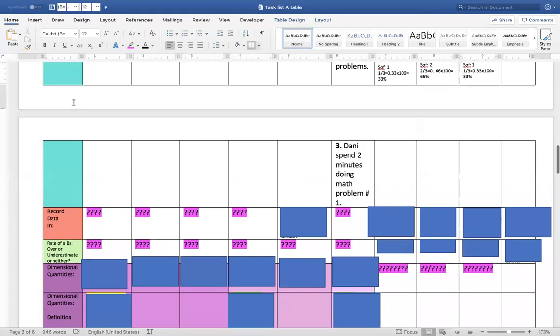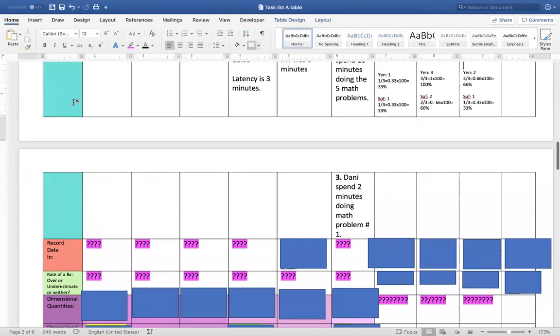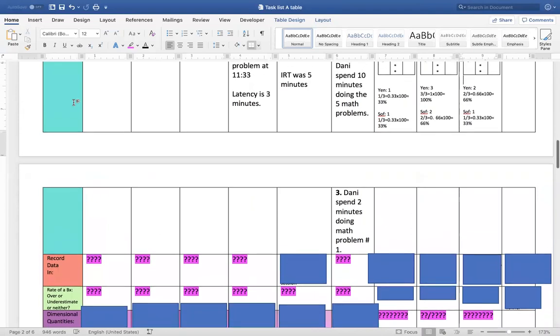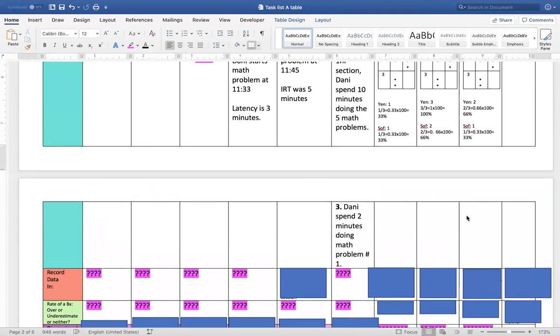Okay, so this one we're going with record data in. It's the same organization, guys. How do we record data in? We're going to do these last ones, let's go with whole interval recording. How do we record the data at the end? Is it numbers? Is it percentage? Is it decimals? Is it fractions? Percentage, yes, you're correct. How about this one?